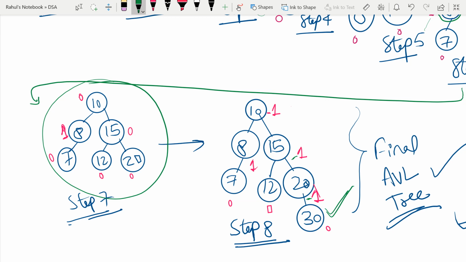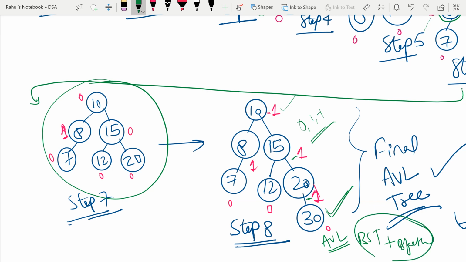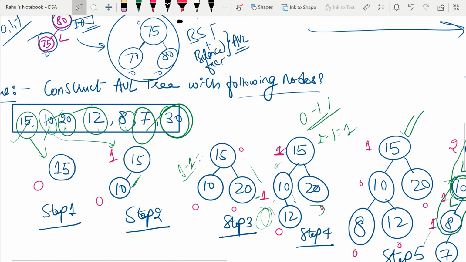Here 2 minus 3, that is minus 1, no problem. So your balance factor should be 0, 1 or minus 1. So we have created the AVL tree by using the properties of BST plus the properties of balance factor, right? So this is our final AVL tree which we have made using these nodes.